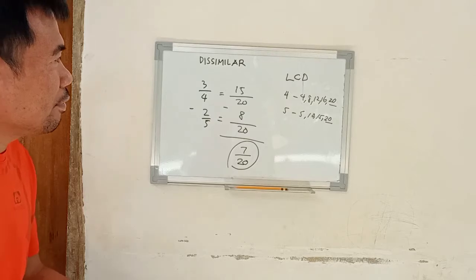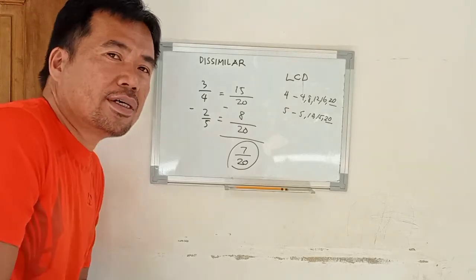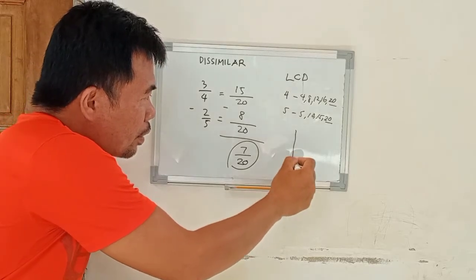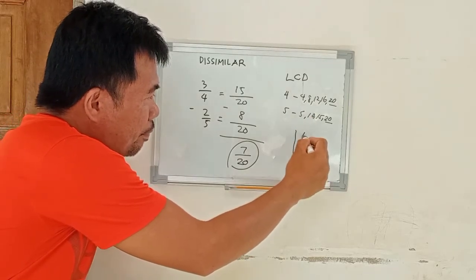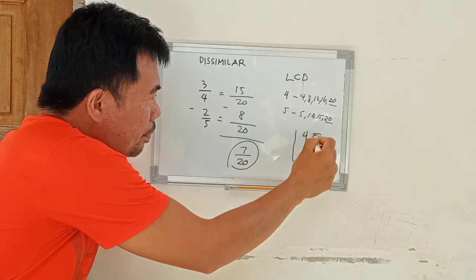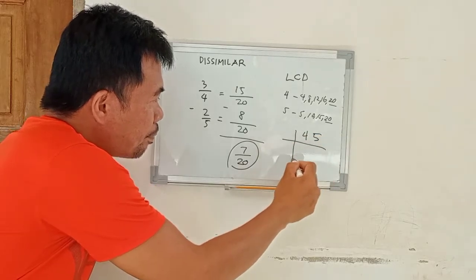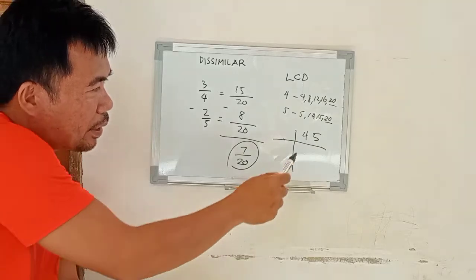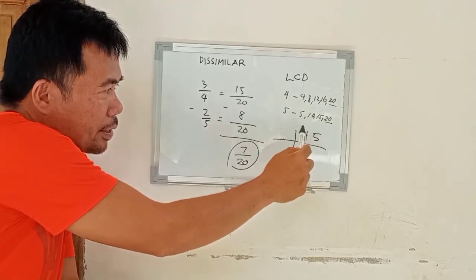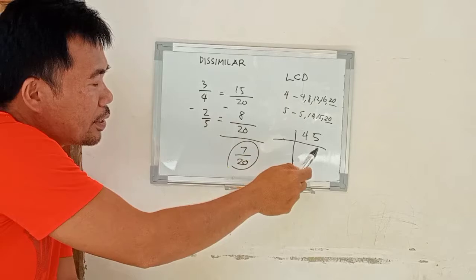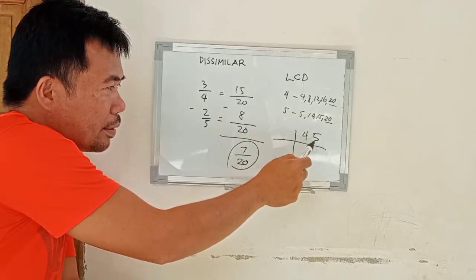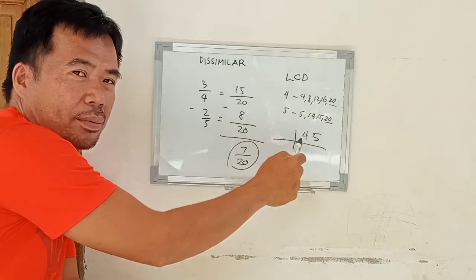So another method for finding the LCD or LCM is like this. First we have the denominators 4 and 5. These numbers here are the denominators. We find a number that can divide them or most of them.